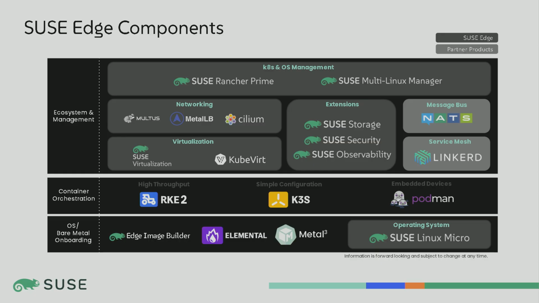Okay, Edge. So Edge, this is a classic Edge use case. For Edge, we define it near, far, tiny. So near Edge is remote office, someplace that I have data center-like kinds of capabilities. Good power, good networking is near Edge.